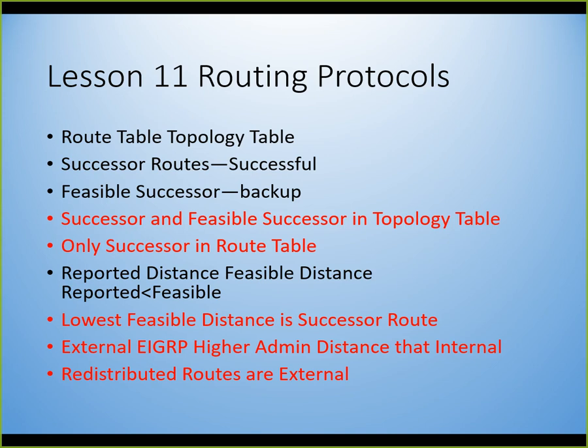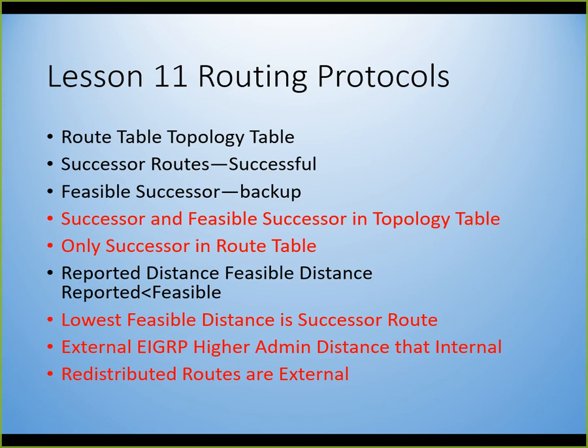The backup routes are just sitting there waiting. They're not participating in the routing topology at all, but they're in the topology table. So successor and feasible successor routes are in the topology table. Only successor routes are in the route table, and only the routes in the route table are going to be used.